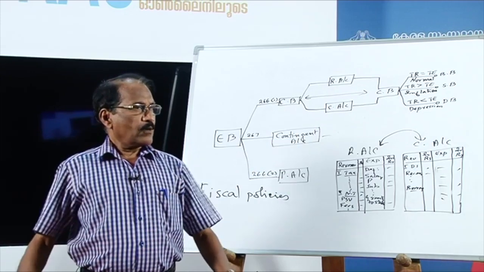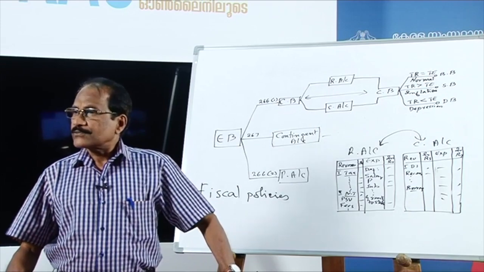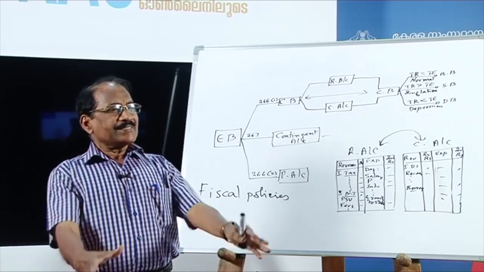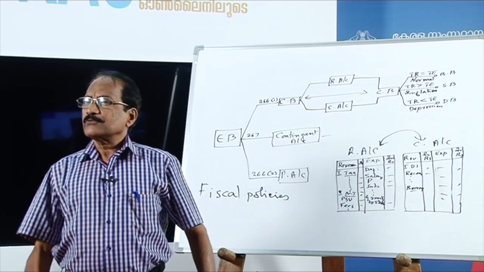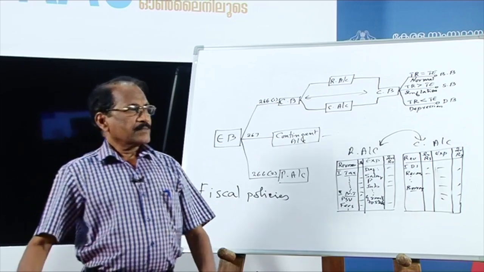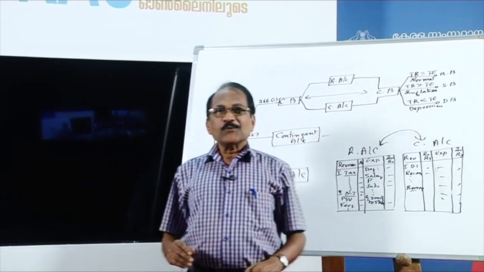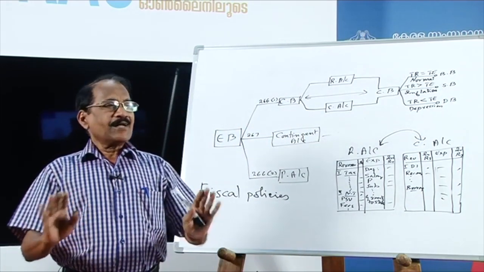They will oppose the government, and that may sometimes affect the next election also. In order to avoid such criticism, the government is not going for a surplus budget, and instead is taking only a deficit budget, spending more.